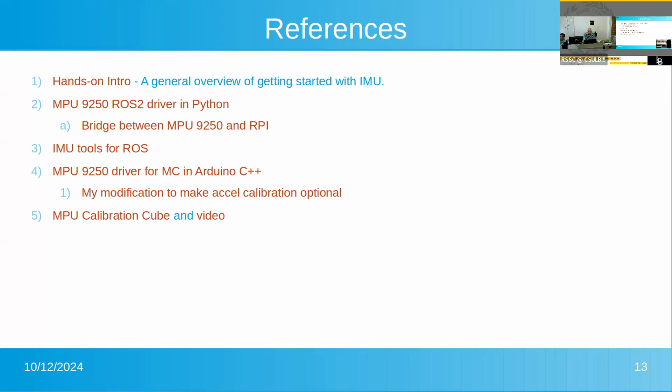NED is like this, and ENU is like this. So in this device, the compass's axis is different from the accelerometer and gyroscope, which are the same. And so I was going through gymnastics to get that.